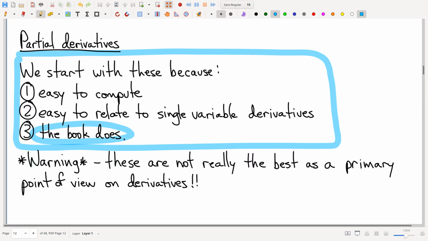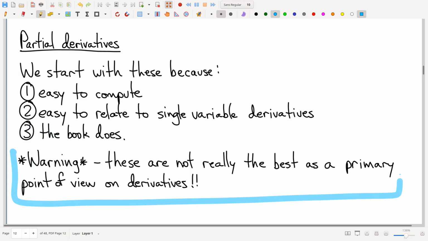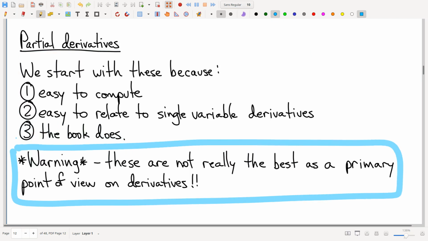It doesn't mean that I have to, but I'd pay a price if I didn't, and I don't think the price is worth it. The reason I'm griping about this is that what I do think is important is this down here: I don't want you to think that I'm starting with partial derivatives because they are the fundamental point of view on differentiation. They're not.